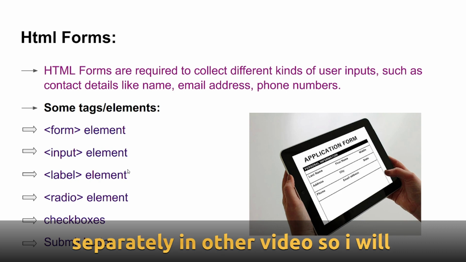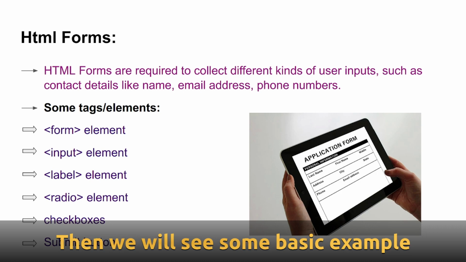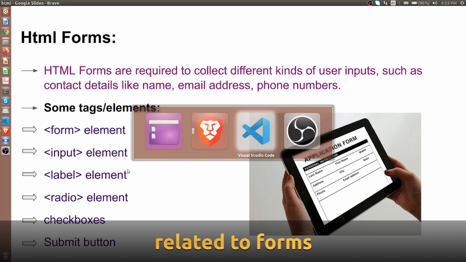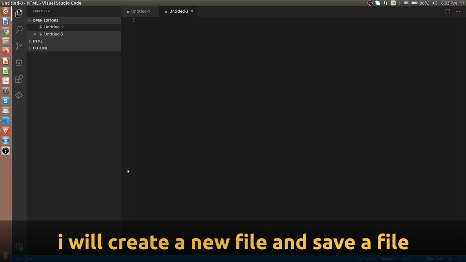So I'll switch to Visual Studio Code for now, and we will code some. You will see a basic example related to forms. I will create a new file and save the file.